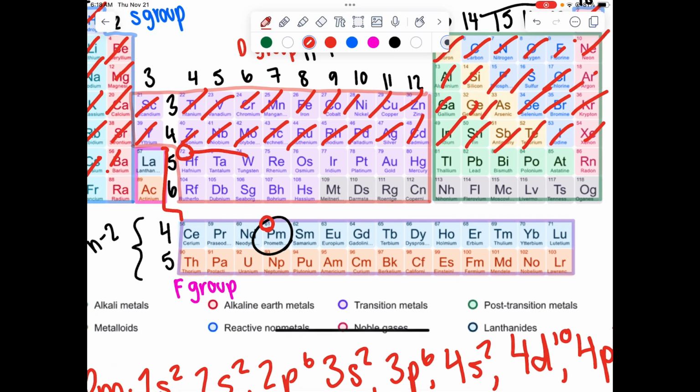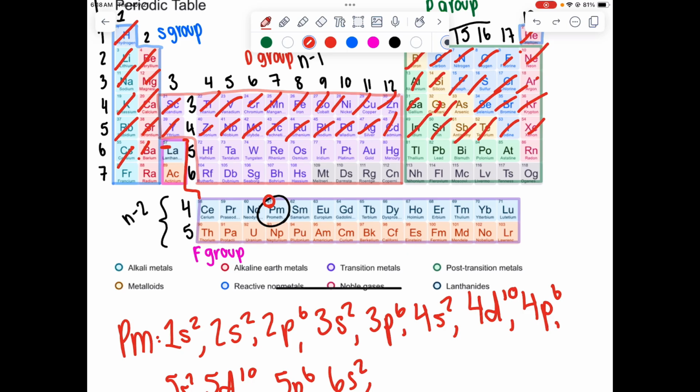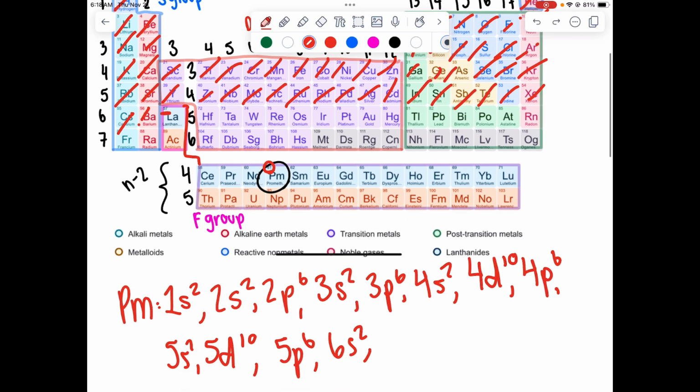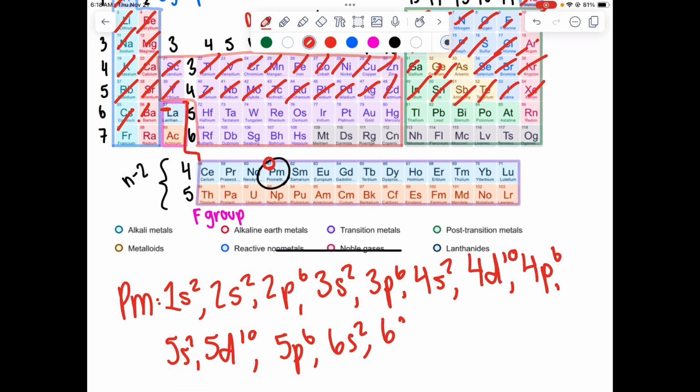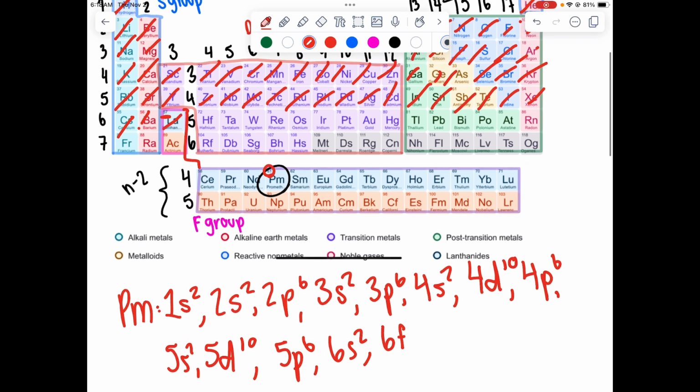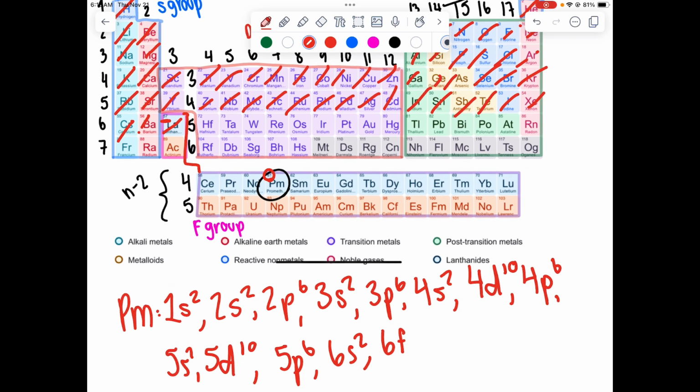So why are we gonna continue? Since it's 57, we're gonna go to F group. This is considered as F group. It's still in row 6. 6F1.